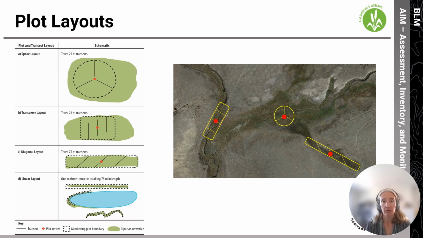Riparian and wetland sampling requires 3 25-meter transects on which vegetation data is collected. Ideally, that would be in a spoke layout, or this round layout, which is what the terrestrial AIM uses. But modifications are made to account for a range of sizes and shapes of this habitat.